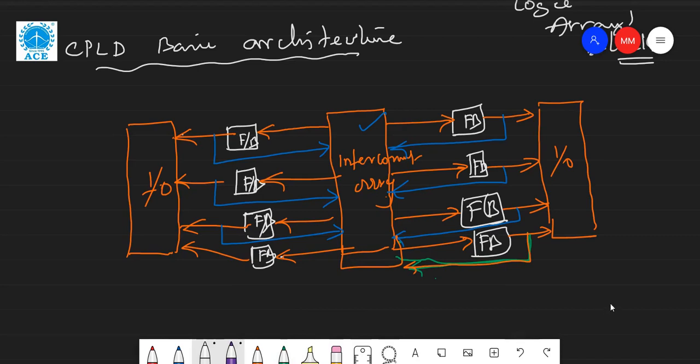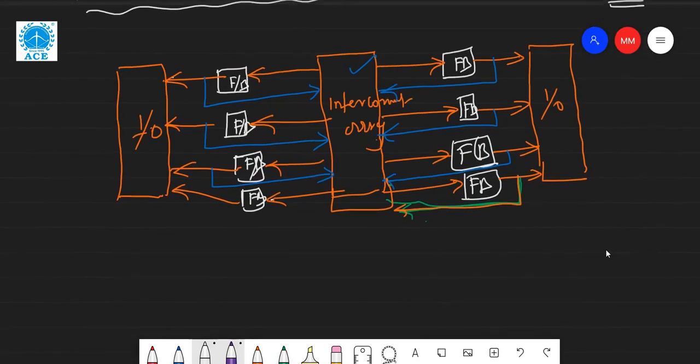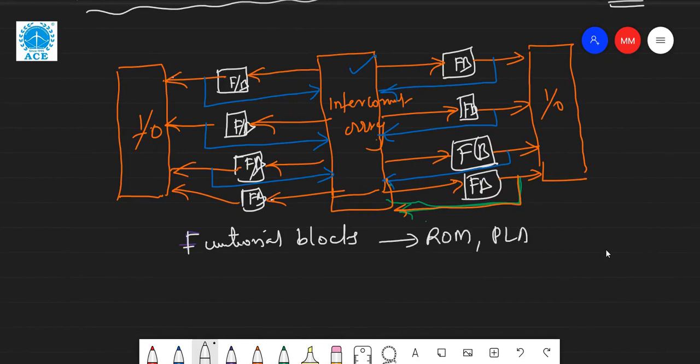Just see, the functional blocks contain ROM, PLA and PAL only, interconnected together.